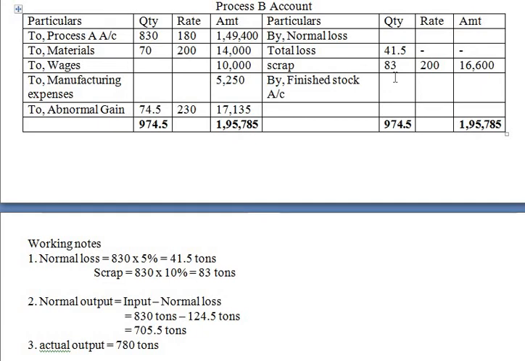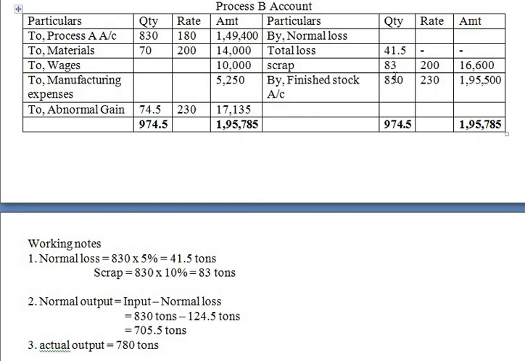Okay, now find out the balance. 850 and the rate is 230 and the amount is 1,95,500. Okay, so this is what is the problem.